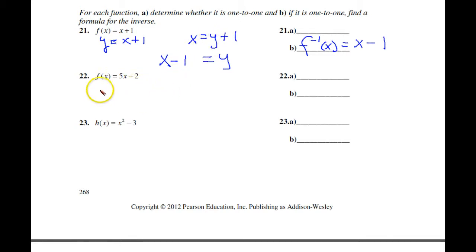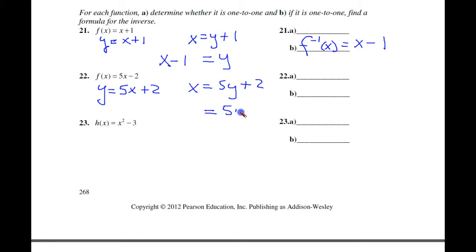So we'll do the same thing here. Y equals 5x plus 2. Switch the letters around. X equals 5y plus 2. Now solve for y.